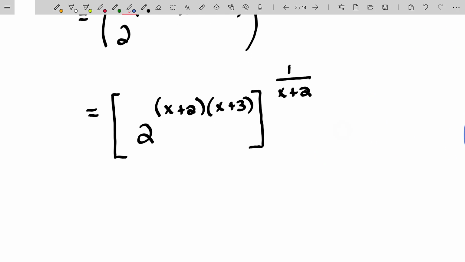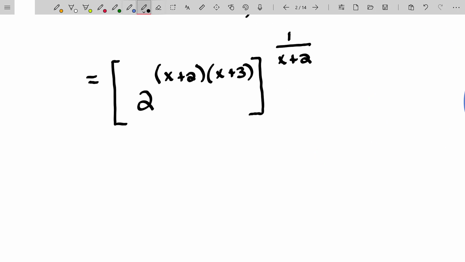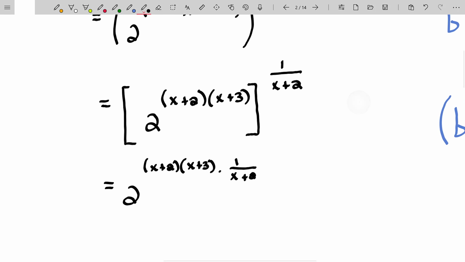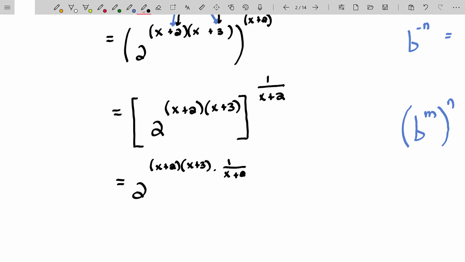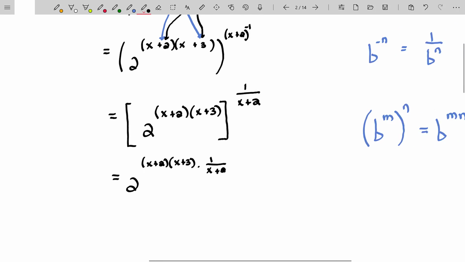So this means that this expression we're looking at becomes 2 raised to the power of x plus 2 times x plus 3 times 1 over x plus 2. Again, I'm raising powers to powers, and so those powers will multiply according to this law of exponents.